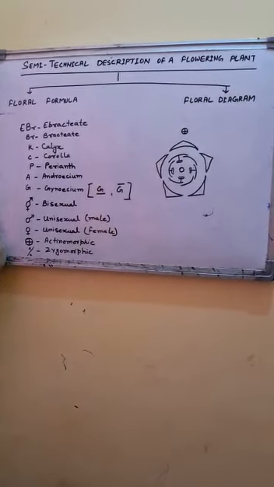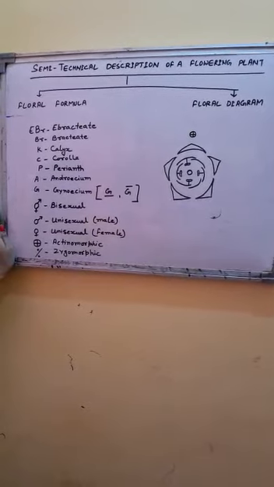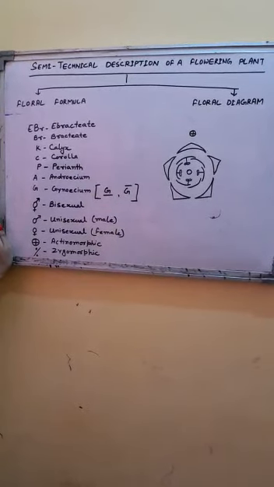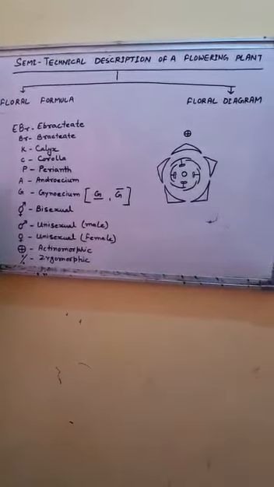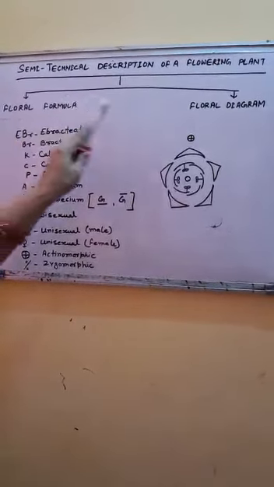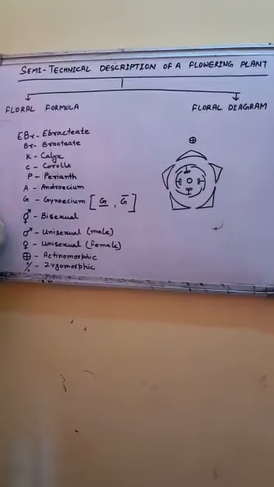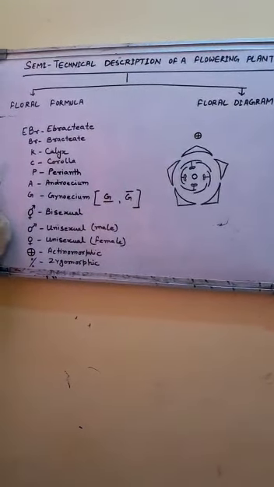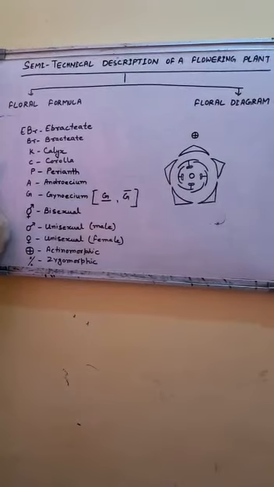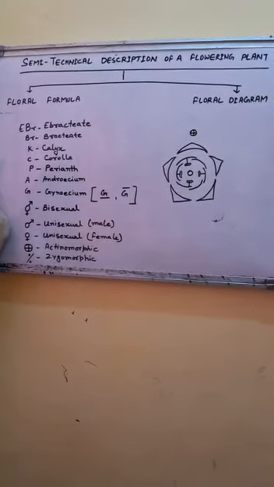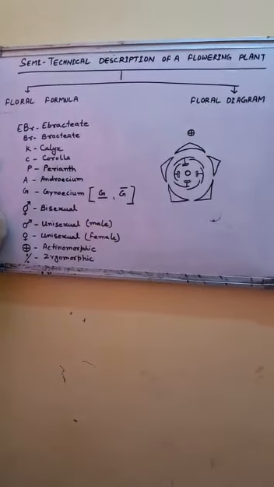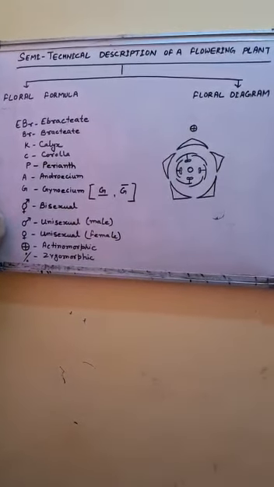To be brief and to tell the maximum in minimum words, there is a concept of floral formula and floral diagram. Floral formula and floral diagrams are symbolic and numerical representations of various floral parts.